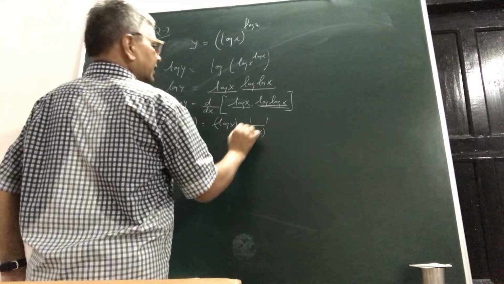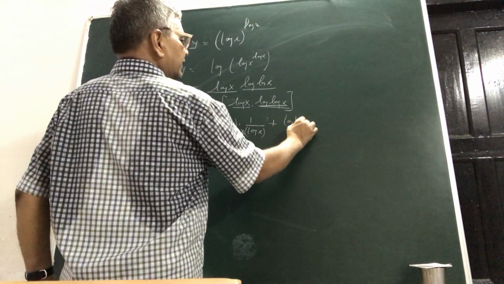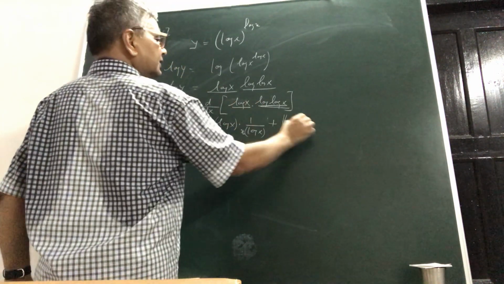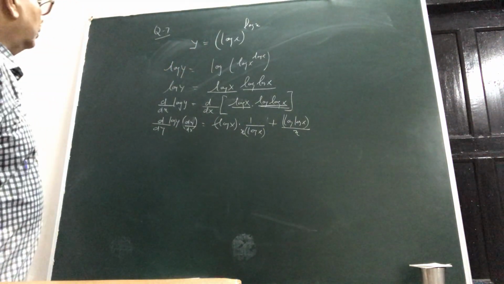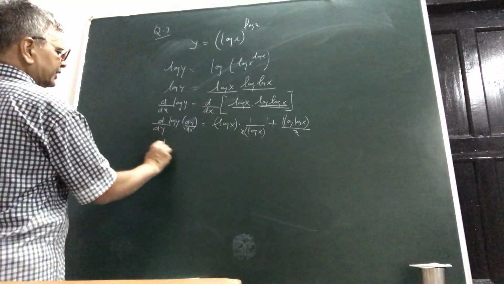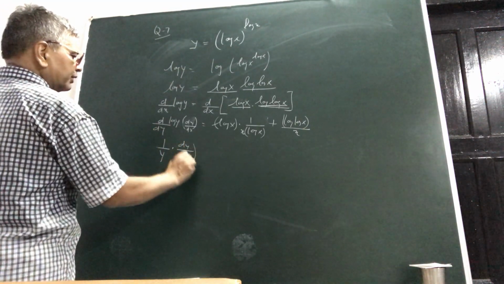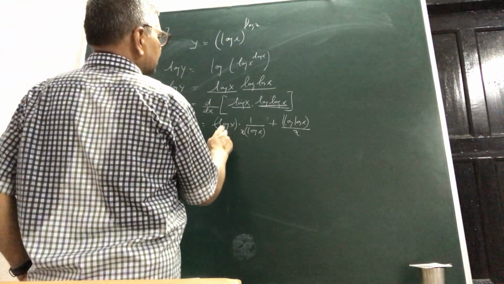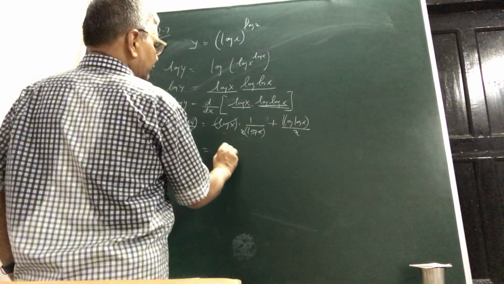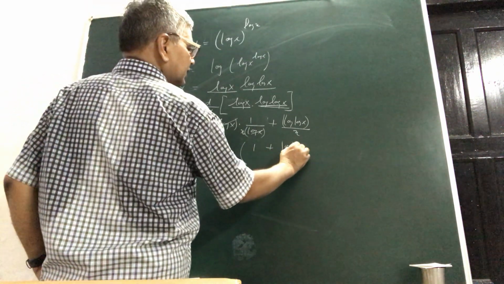So this x you can get here, plus then log x is your second function into the derivative of log x, that is 1 upon x. So this is what you will get on the right hand side. So it is dy, log y, it is 1 upon y into dy by dx. Dy by dx precisely you are looking for, and this is 1 upon x log x, log x cancels. 1 upon x you can take common, 1 plus log x.